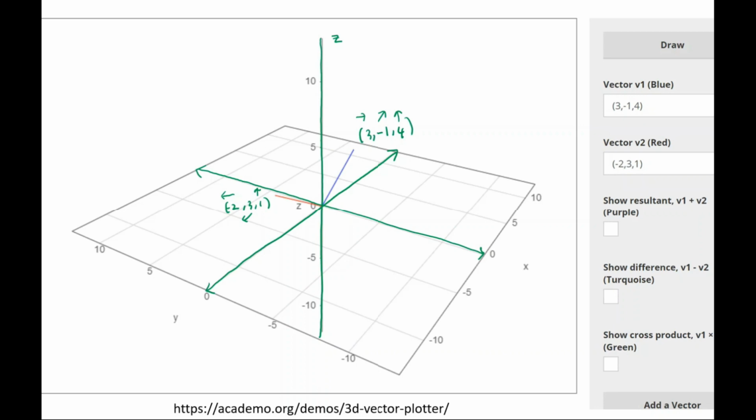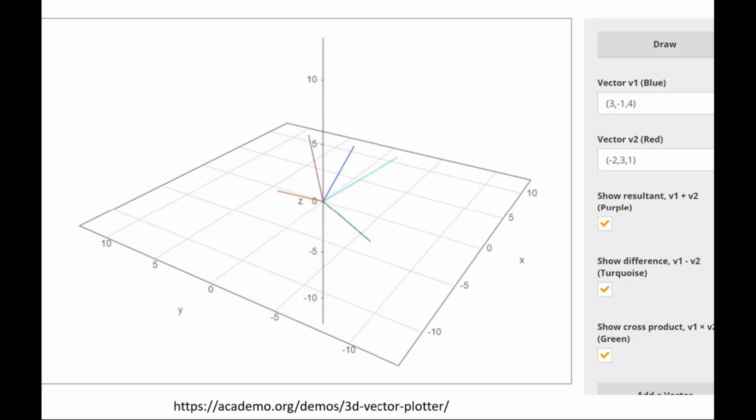You can try sketching vectors by using academo.org demos 3D vectors plotter. This is another example. By using 3 dimensions, we can show V1 plus V2. So let's say we have our V1 and then V2.